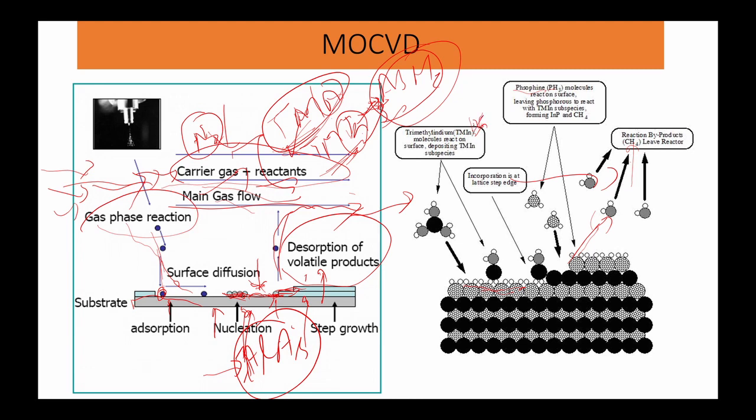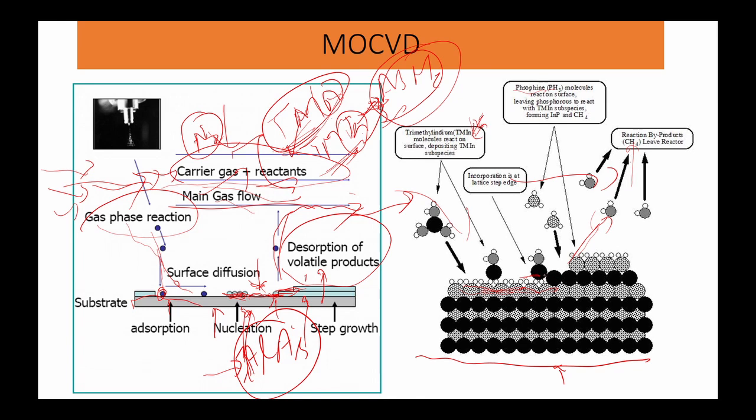This is trimethyl indium, trimethyl aluminum. If we send these, these are the volatile organic compounds. As soon as they go inside the chamber, they react with the layer. Actually, we are giving a temperature also. This is heated, so they react at the high temperature with the substrate. And they are site specific also.